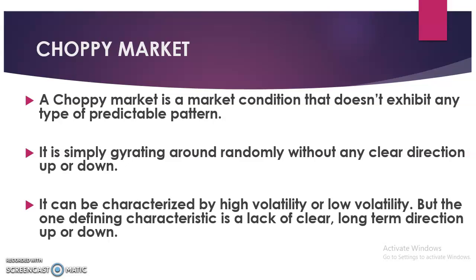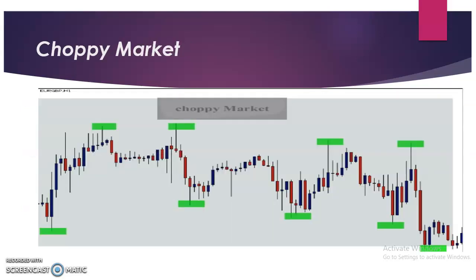You can't say this market is creating lower highs and lower lows in the case of a downtrend market, or higher highs and higher lows in the case of an uptrend. It's not even moving within a defined resistance and support like you have in a ranging market. Everything is just done haphazardly. So how do we locate that on the chart?